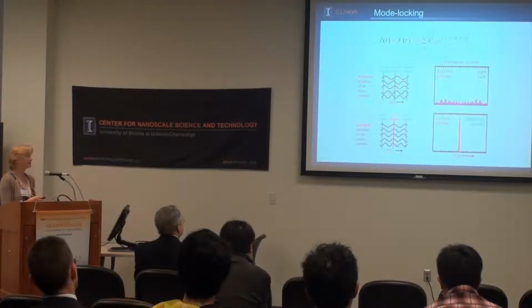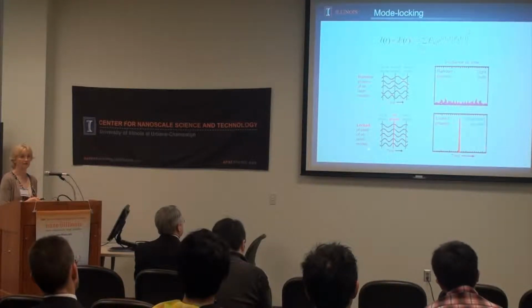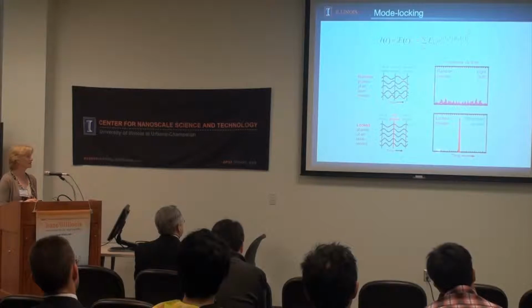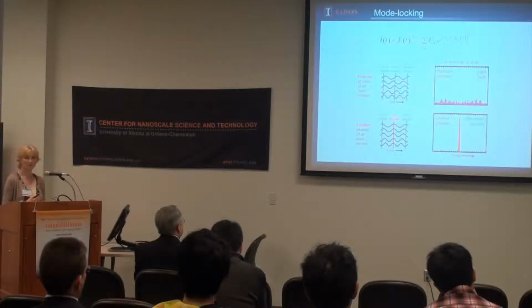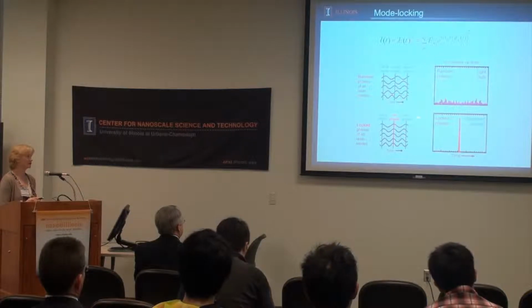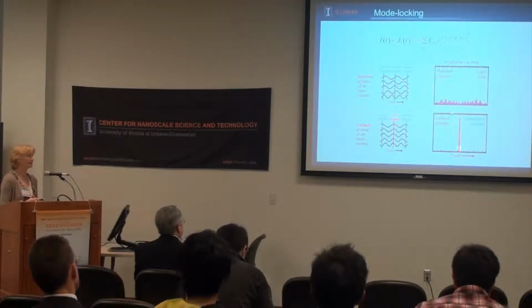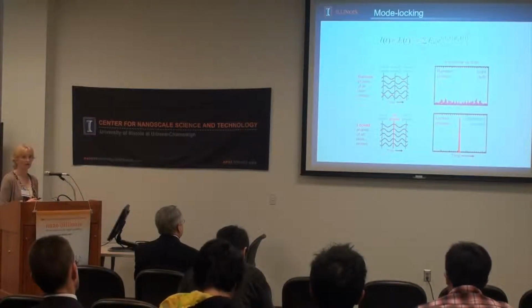Now, if you can get into this situation where at one point in time all the modes are in phase, these will all add up and give you a high intensity pulse. When they're out of phase, if it's properly locked, they add up to zero. All the modes will add up to zero, and all the intensity of light is in this ultra short pulse.